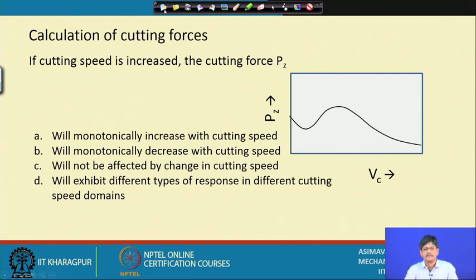I should mention here one thing in the high speed domain. The energy of cutting is going to manifest itself by attainment of higher temperatures, which soften the material. But at high speed, cutting takes place with the accompaniment of higher strain rates.